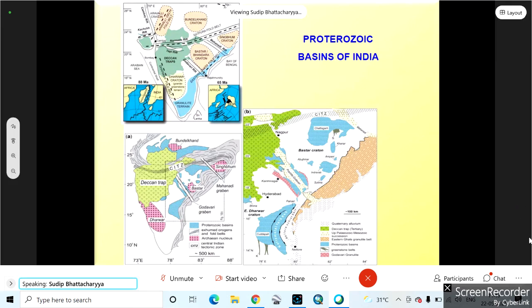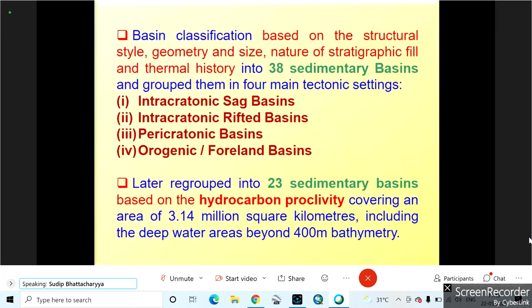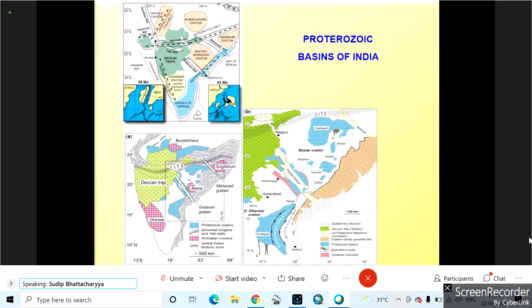But in the other 23 sedimentary basins, the sandstone is there, but the argillaceous part, that is the shale part, is also very much. So these are the exact areas, the basins where we can get it.